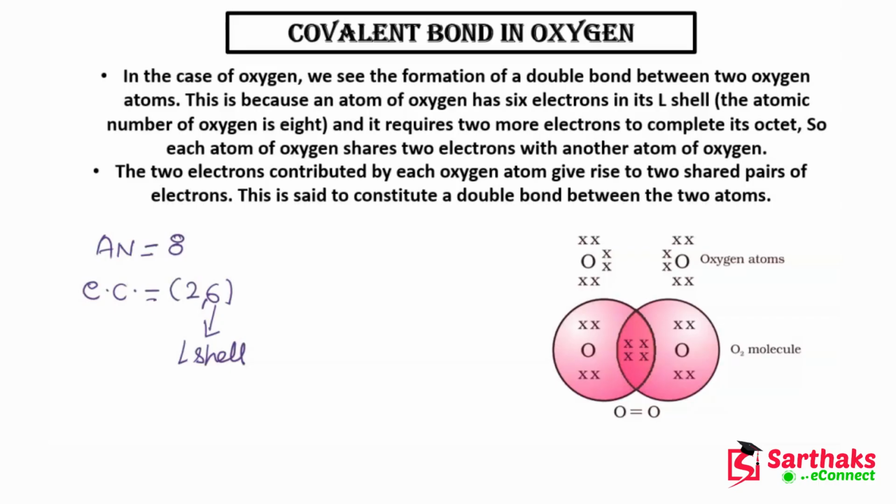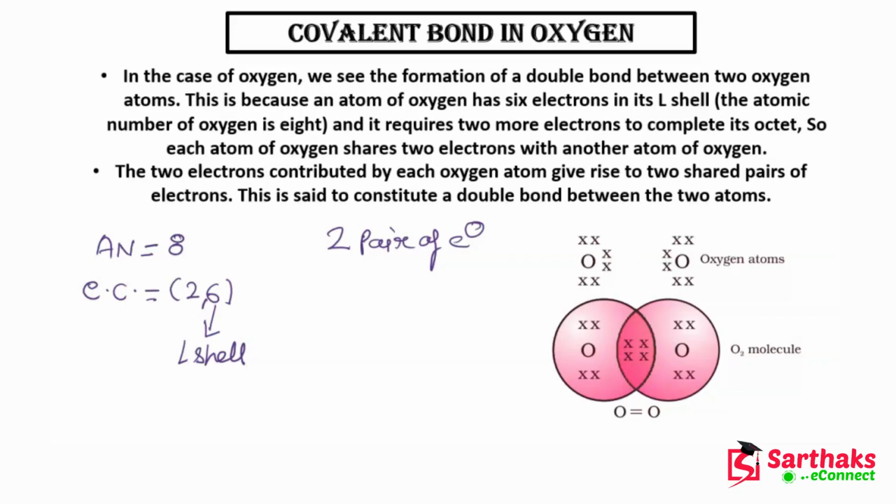Now one more thing you have to remember, that because there is a sharing of two pairs of electrons, 4 electrons are shared, it means 2 pairs of electrons are shared. So that's why this is said to constitute a double bond between two atoms.